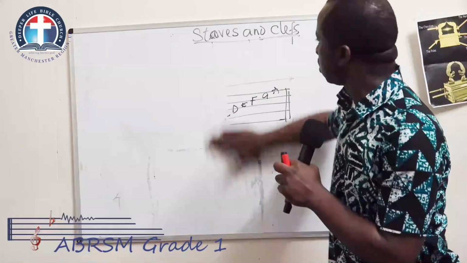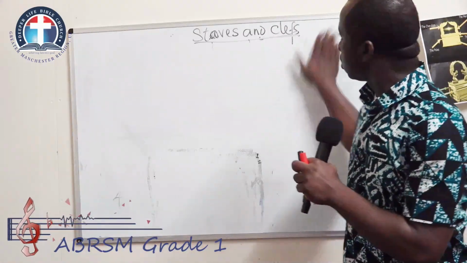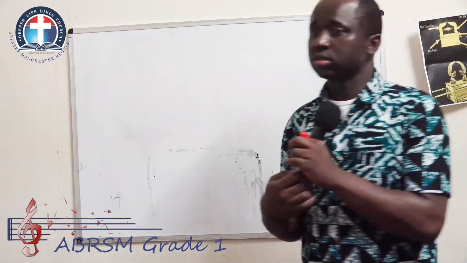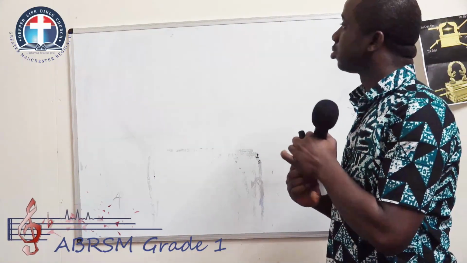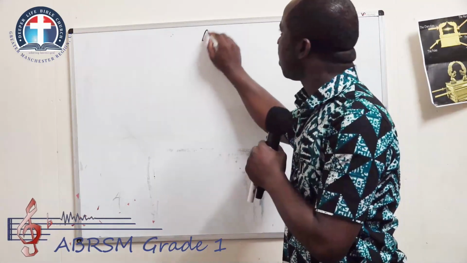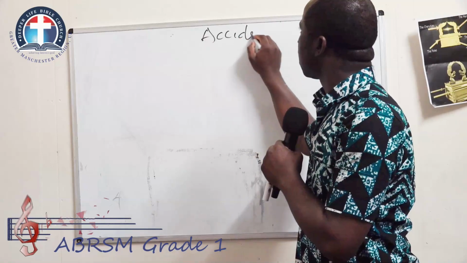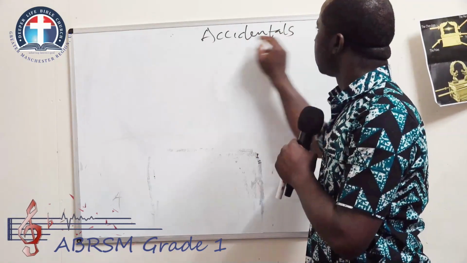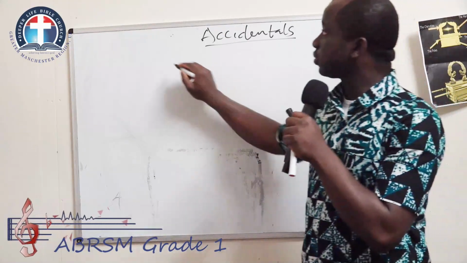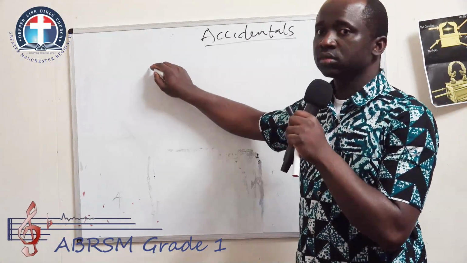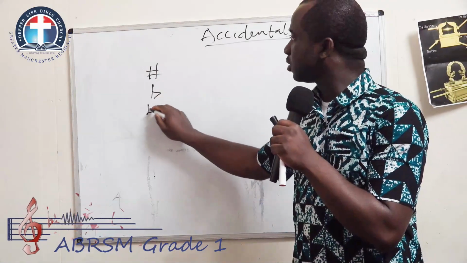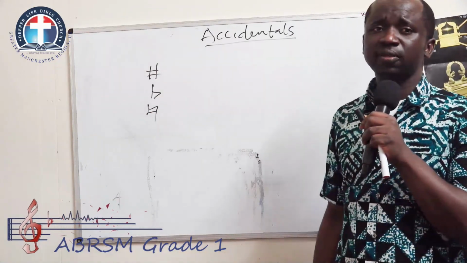How many accidentals were you told that we have at this level? How many accidentals will you be looking at? What are they? Sharp, flat, natural. You should know the signs. And what do they do?